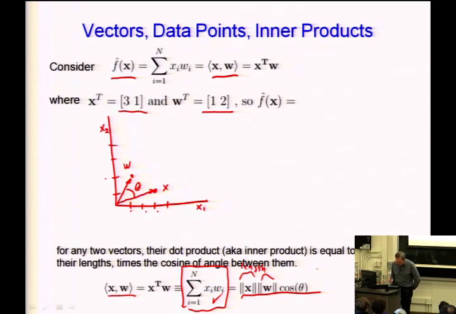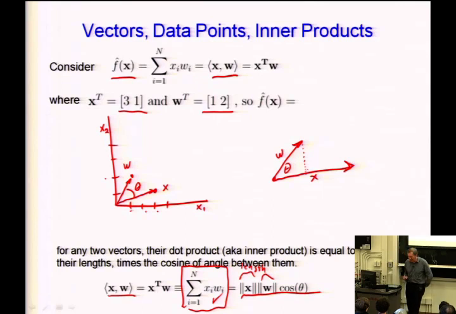So, for example, it helps me think, well, if I have this vector, and let's say this vector, then one way I can think about its dot product is, well, here's theta. What if I just project the endpoint of that vector onto x perpendicularly?